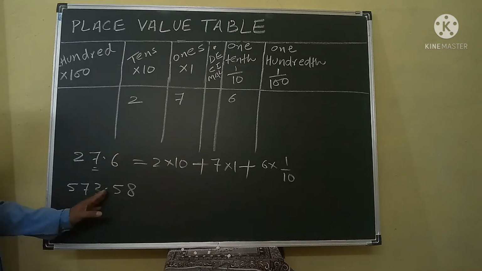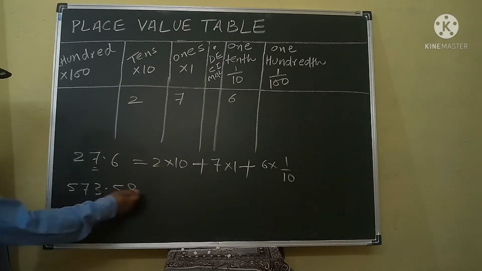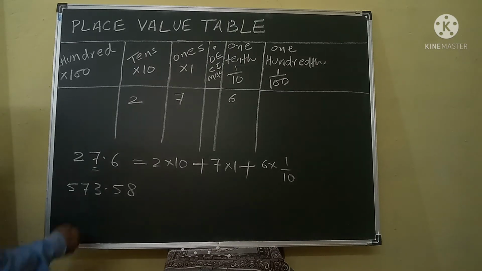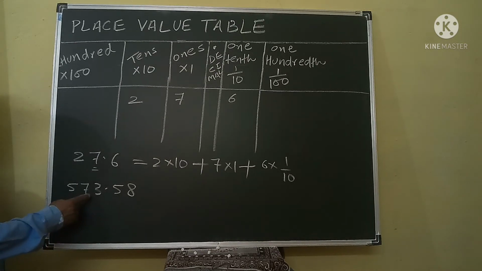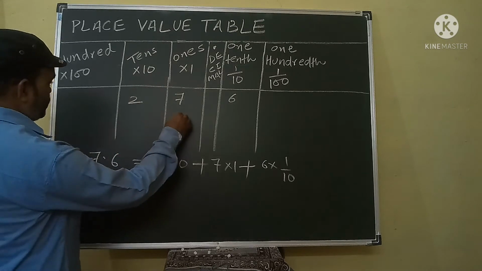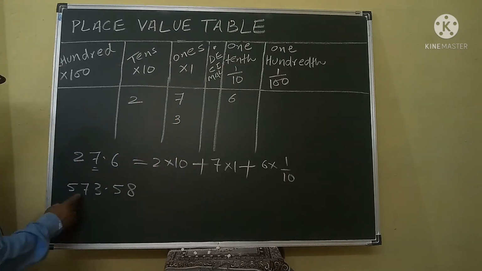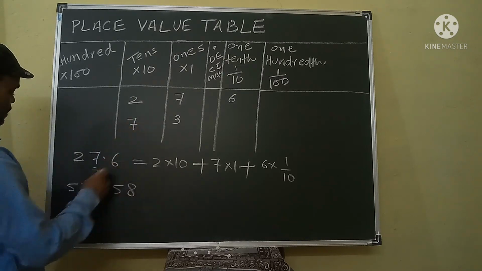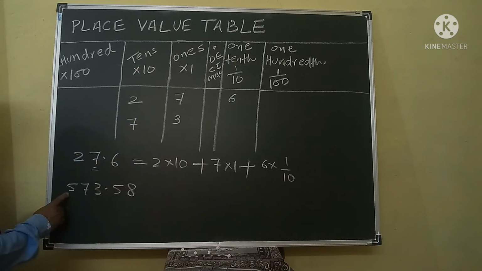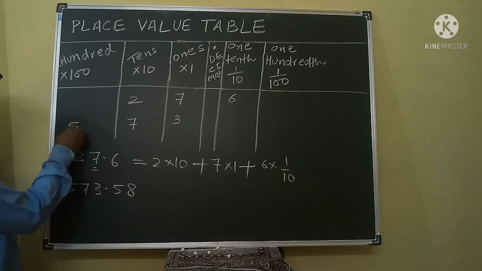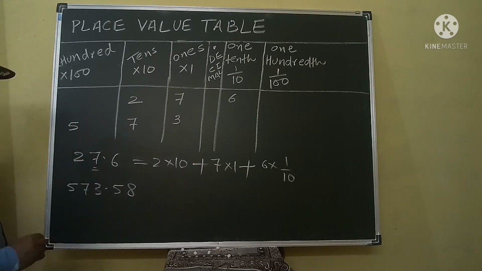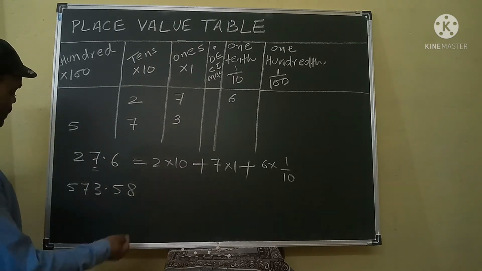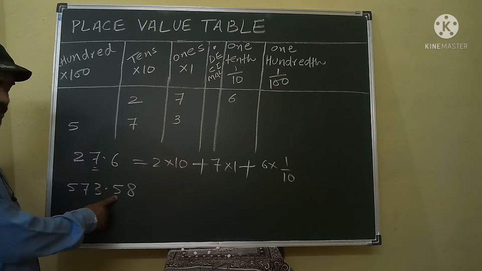That means left side of the decimal point and right side of the decimal point. Left side of the decimal point, first digit is 3. 3 is in ones place. 7 is in tens place. 5 is in hundred place.